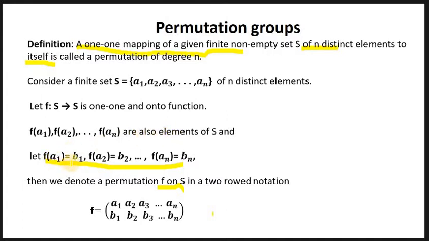Then the image of a1 is b1, the image of a2 is b2, and the image of an is bn.